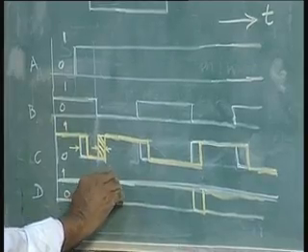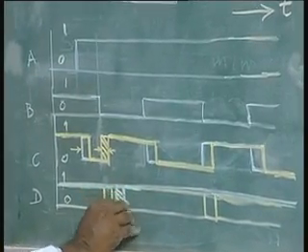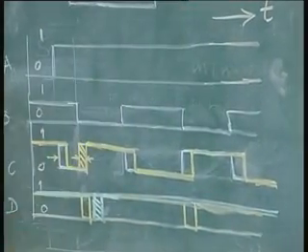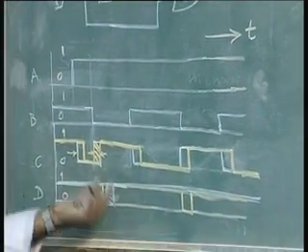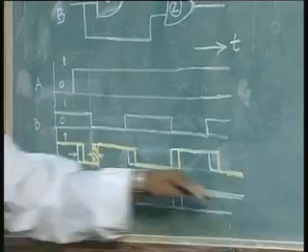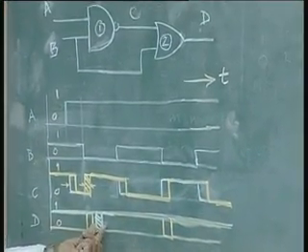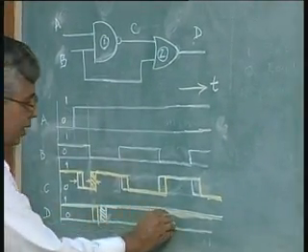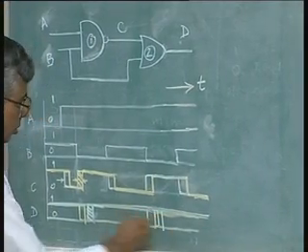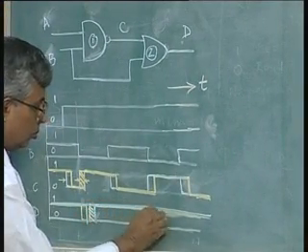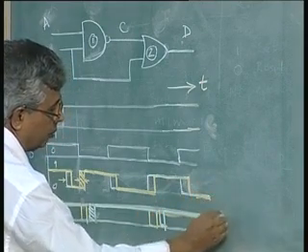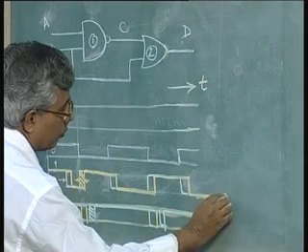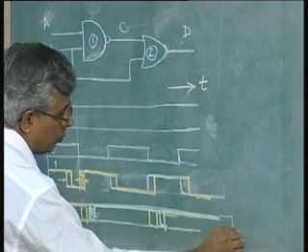This is the output of D. Earlier D was constantly 1, now I have a short duration for which the output is 0. That is going to occur again here, and again when this goes back to 1, like that.